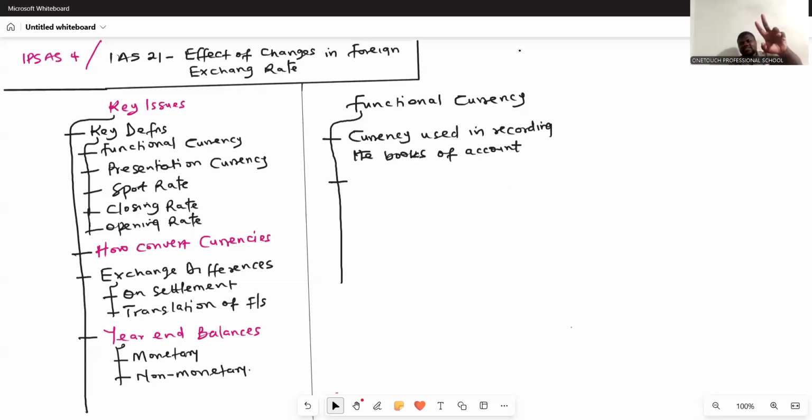In fact, functional currency is determined by two or more factors. An entity does not have a choice as to which currency becomes the functional currency.